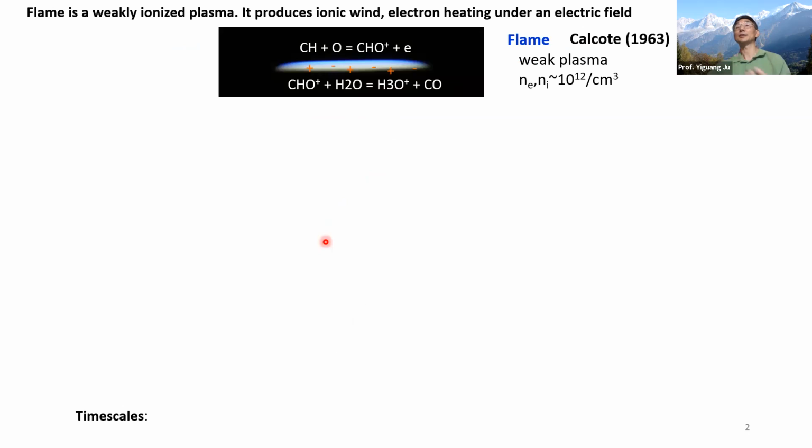So let's go forward. A flame is a weakly ionized plasma. It has positive ions, formed by the CH reaction with O, and then HCO plus reacting with water to form H3O plus. The ion number density actually is very, very low, and most of this work was done by Calcote in the 1960s.